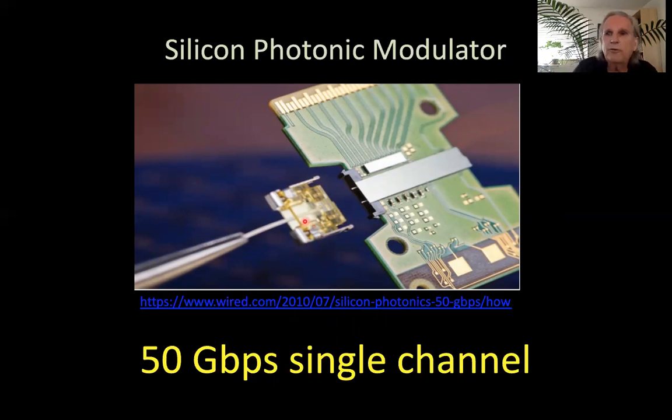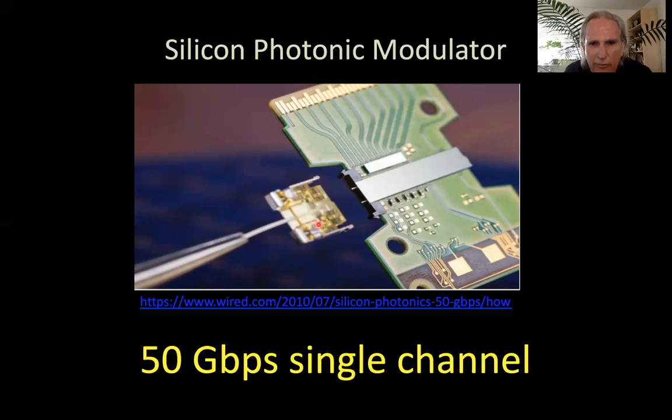Silicon, originally people said silicon has no electro-optic coefficient. You'll never be able to make a modulator. But PN junction technology is really good. You inject carriers into a PN junction, you change the index of refraction. If you sweep those carriers out without any significant absorption, you can still change the index of refraction in a big way.